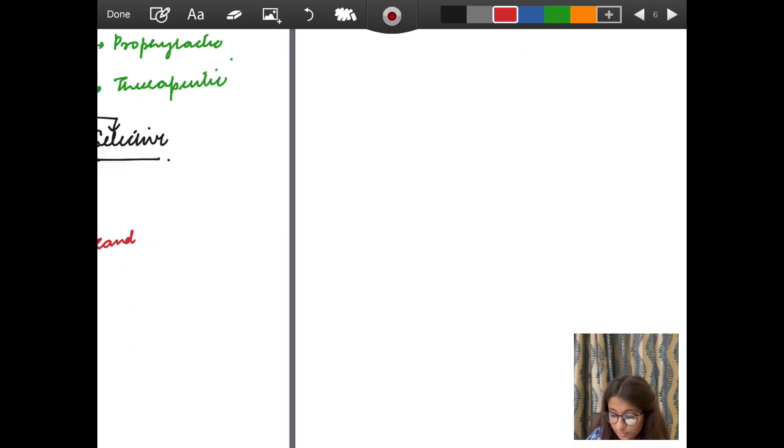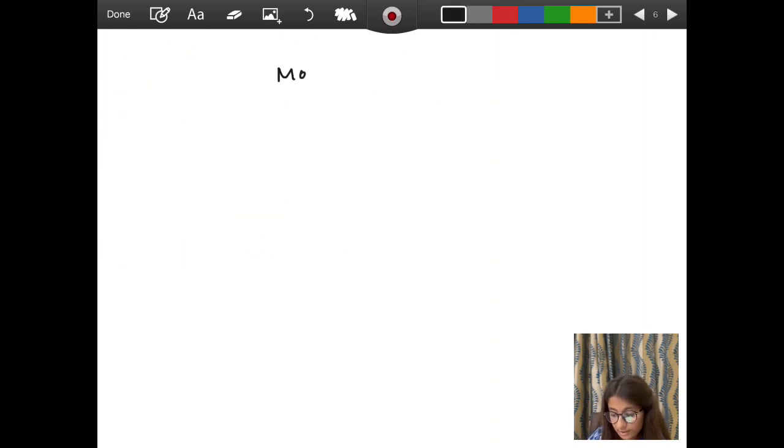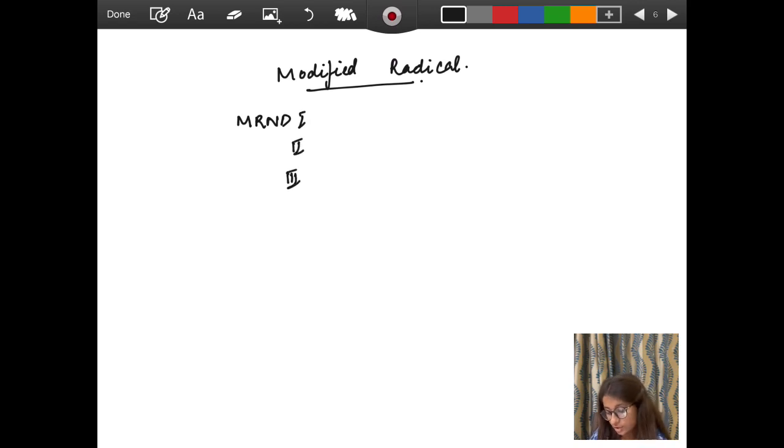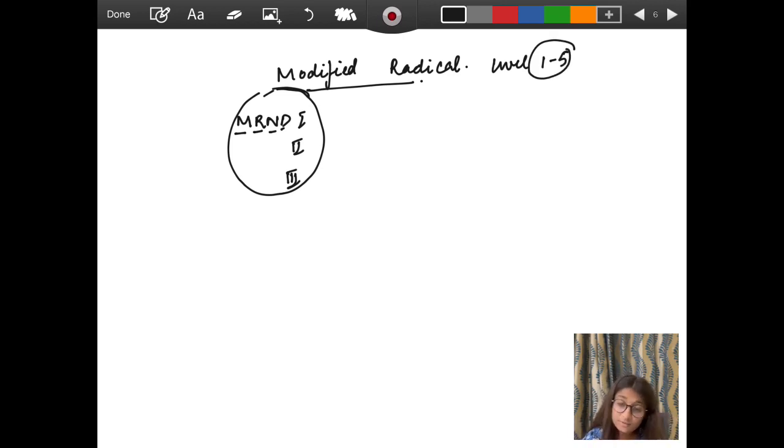Now coming to the modified radical neck dissection. The subtypes are MRND 1, 2 and 3. The main point is that we remove the same level 1 to 5 groups of lymph nodes as in the radical, but the difference is that we preserve some of the vital structures.